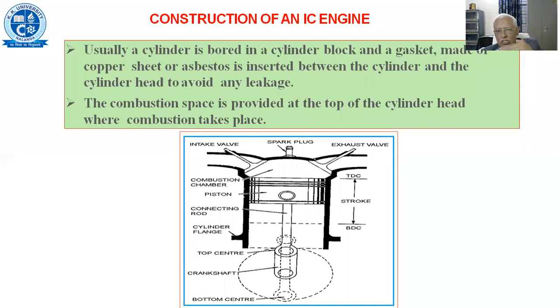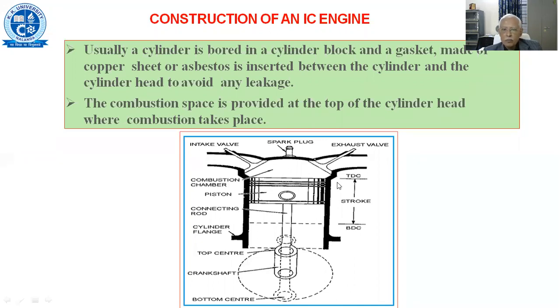Suppose when it just comes down, what happens to the crank? Crank rotates and comes down now. Now it is bottom. And further rotation makes it up and the piston goes up. So this is how the crank rotates. Okay. So both the positions have been shown here.